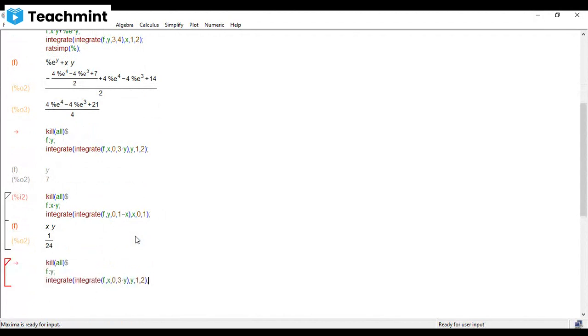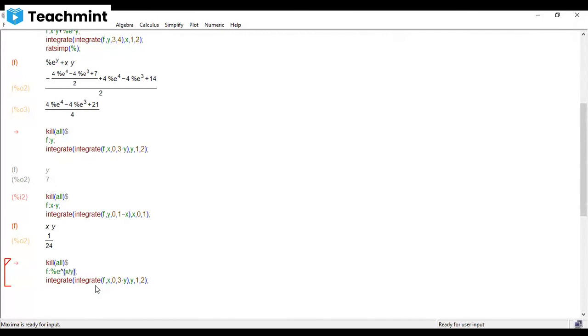Let us see one more example. Integration of your function, percentage e cap x by y.